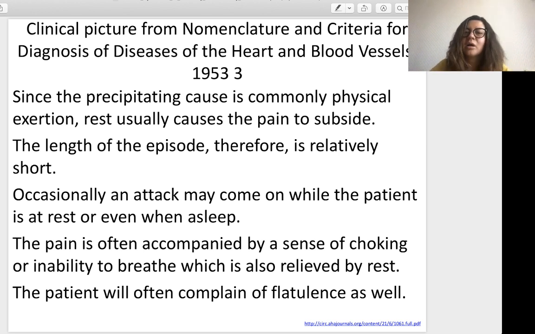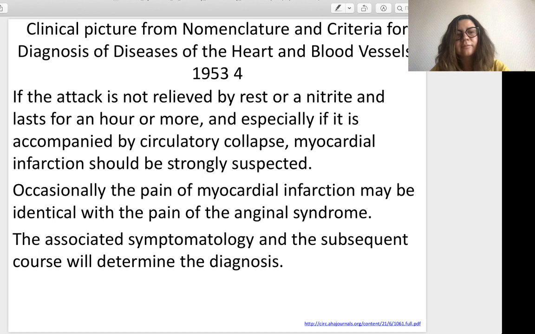Today we can add to this description of the clinical picture just one point: pain relieved by rest or by sublingual nitroglycerin. If the pain is not relieved by rest or nitrates and lasts for an hour or more, and especially if it is accompanied by circulatory collapse, myocardial infarction should be strongly suspected.